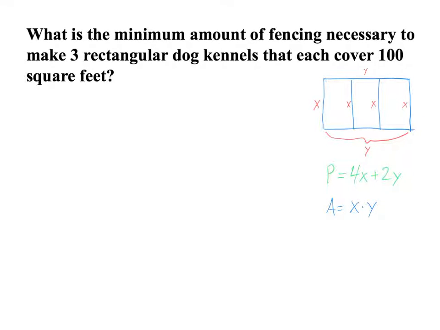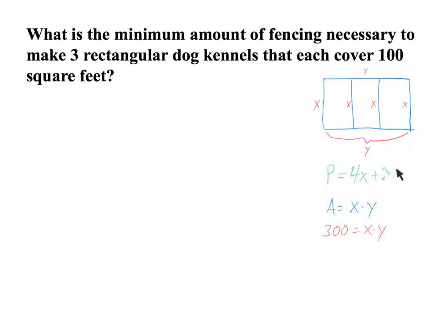Wouldn't the area of space where the dogs can roam be this by this? And didn't we say the area is going to be 100 plus 100 plus 100? So couldn't I rewrite this as 300 equals x times y? So that right there is my area formula, which is a true statement from my information.